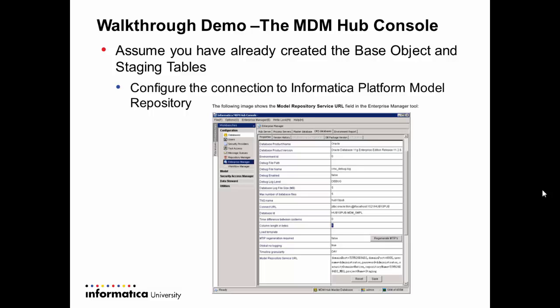So simply all we're doing here is telling the MDM Hub Console where the repository is in the Informatica platform. Remember that we need a database, and so we're just making the connection. Don't worry, it's pretty straightforward. In our training class, we actually give you a few labs on this.